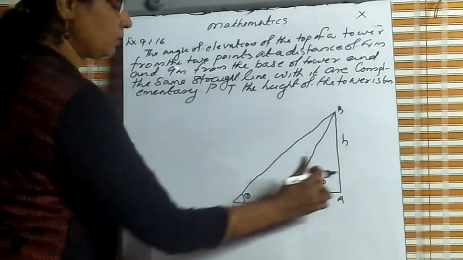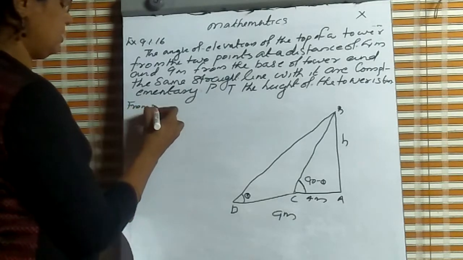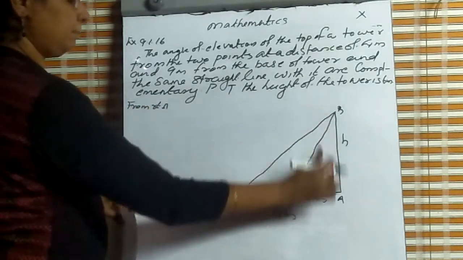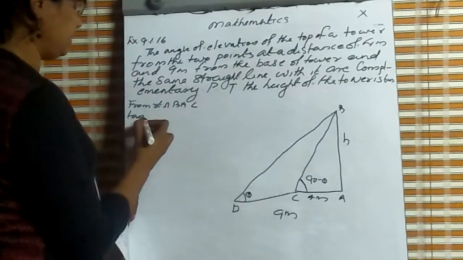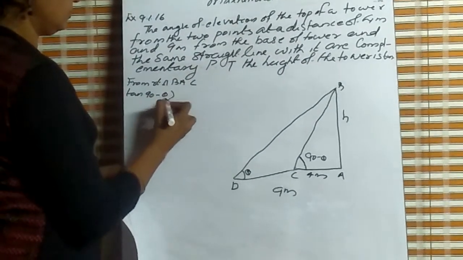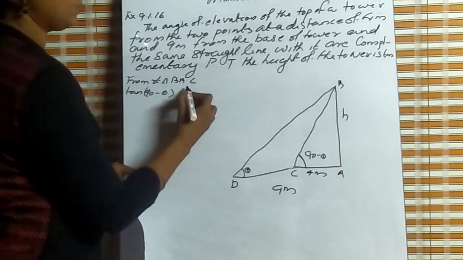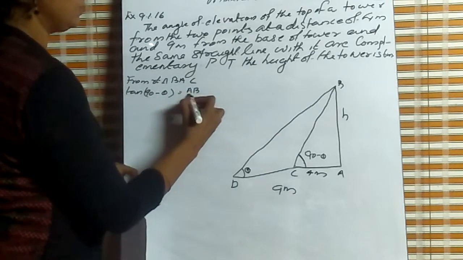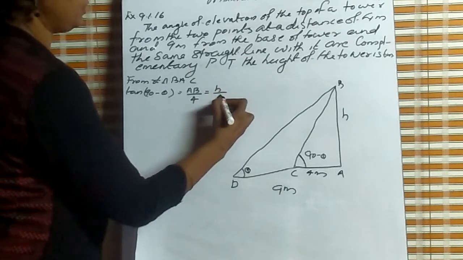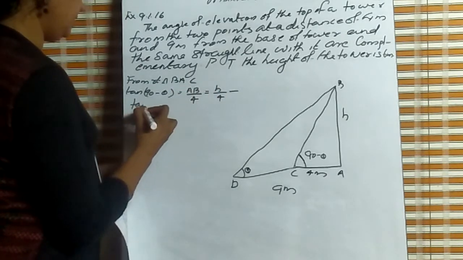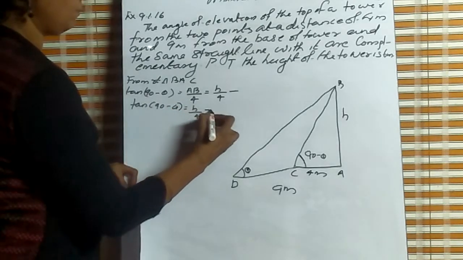Here we have two right triangles. From right triangle BAC, what is tan 90 minus theta? Opposite side by adjacent side, AB by 4, equal to h by 4. Tan 90 minus theta is equal to h by 4, equation 1.